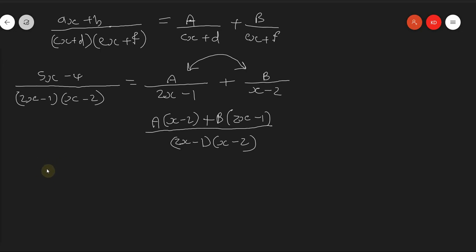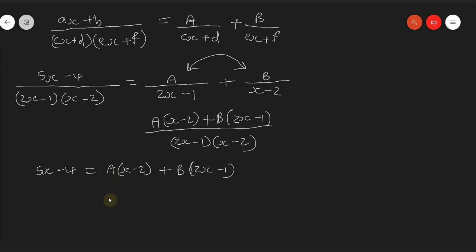So therefore I'm saying that 5x minus 4 must be equal to a times x minus 2 plus b times 2x minus 1. Good. Now with this we're going to solve for a and b. Now in order to solve for a and b, we can choose arbitrary numbers for x, but we're going to choose numbers that make the calculation simple.